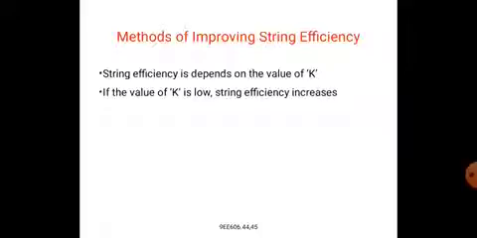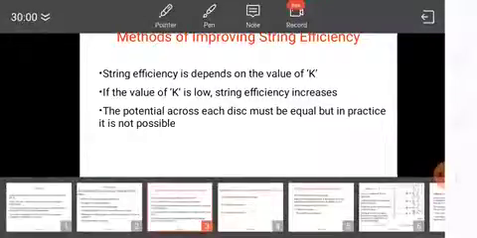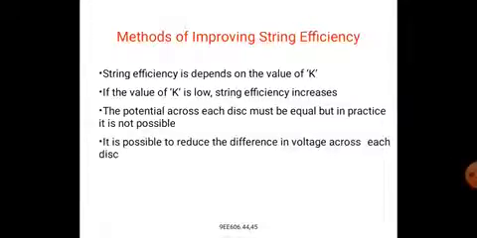The value of K mainly determines the string efficiency. If the K value is less, the string efficiency increases. For that, the potential across each disc must be equal, but in practice that is not possible.